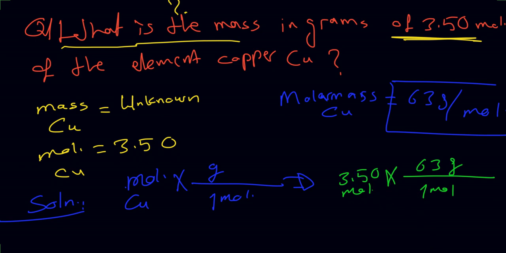So this number multiplies 63 by 55. Okay, 63 by 55 gram. So the result is equal to 222 gram of copper.